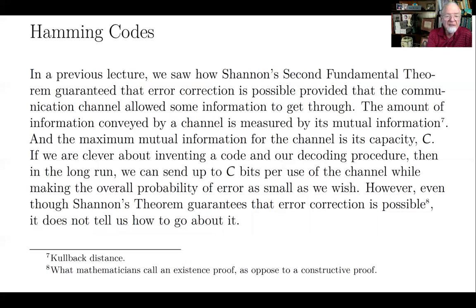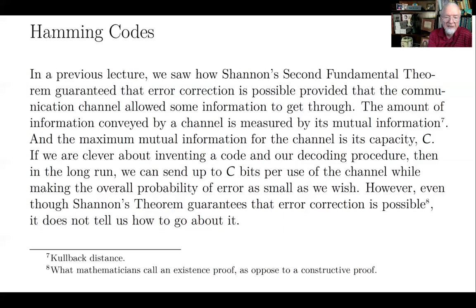So in the previous lecture, we saw how Shannon's second fundamental theorem guaranteed that error correction is possible, provided that the communication channel allowed the information to get through. The amount of information conveyed by a channel is measured by its mutual information, using the Kullback distance. And the maximum mutual information for the channel is its capacity.